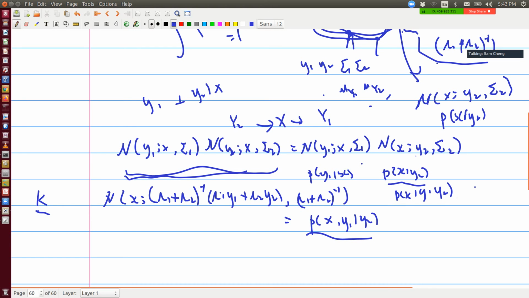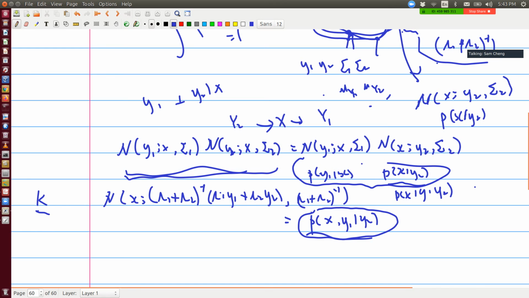Therefore, this product under this setup is also equal to p of x, y1 given y2 on the right side.